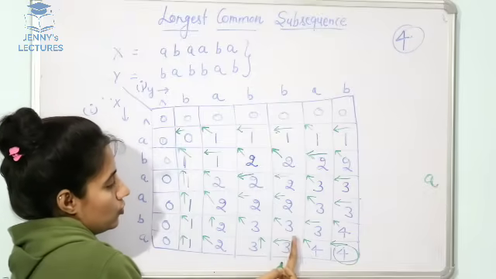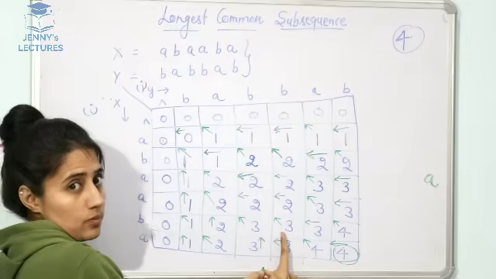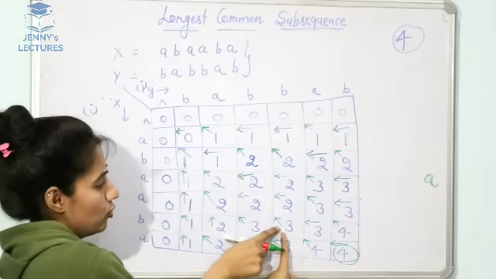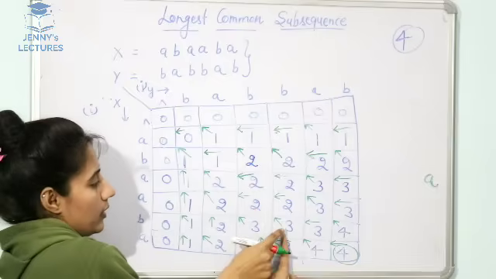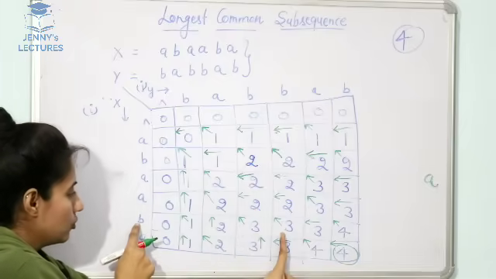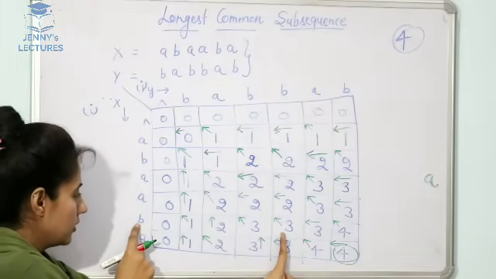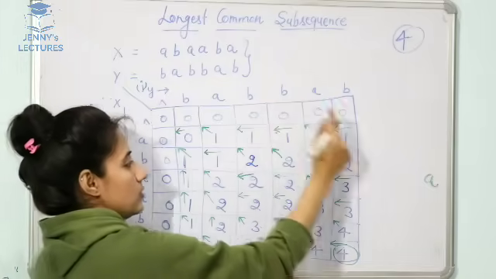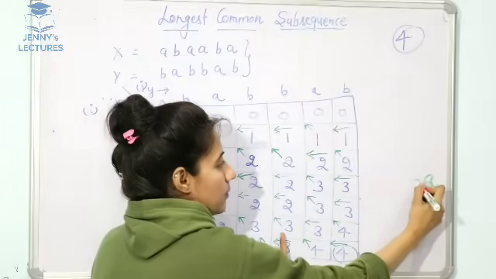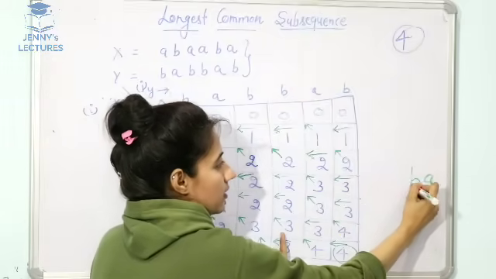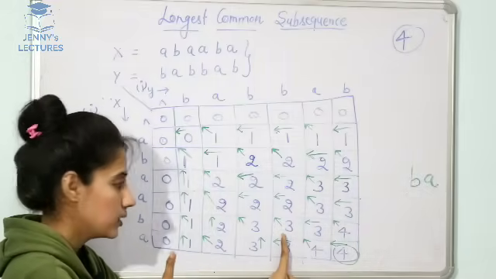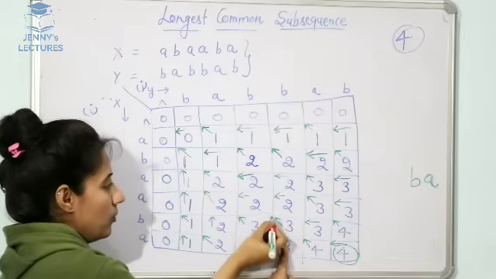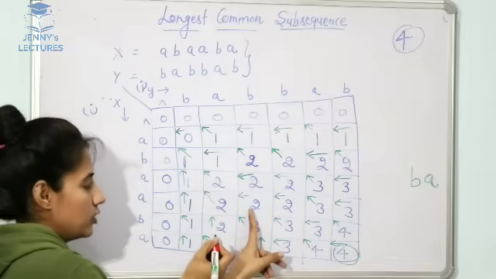Now we have reached this 3. Check this arrow. This arrow is also going diagonally upward. The character corresponding to this row is B and the column is B. Then we will write B, and we will write these characters from right to left. You have to remember this. Now we are going upward.